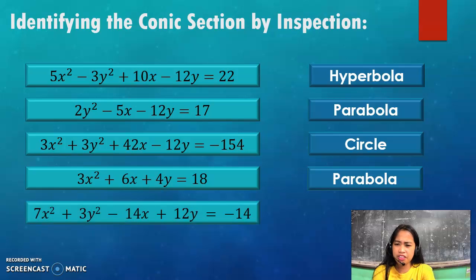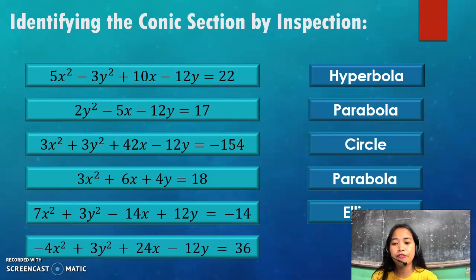Last equation, I think second to the last. 7x squared plus 3y squared minus 14x plus 12y equals negative 14. What do you think? Since x squared and y squared are both present and have the same sign, but they have different coefficients, this equation is an ellipse.